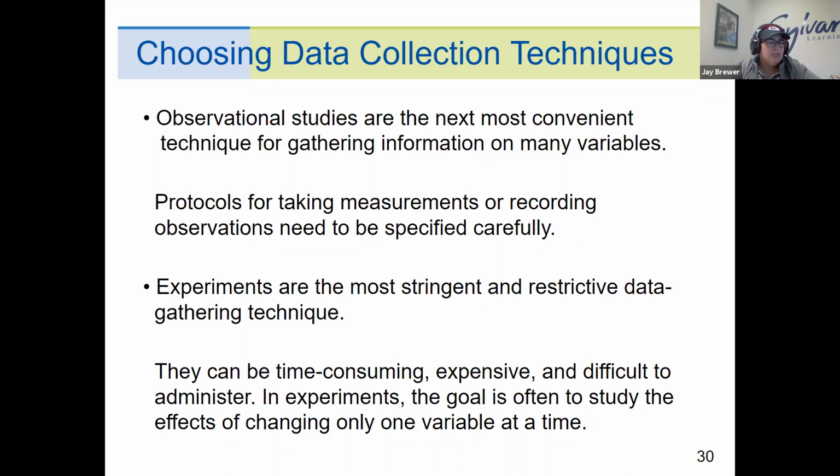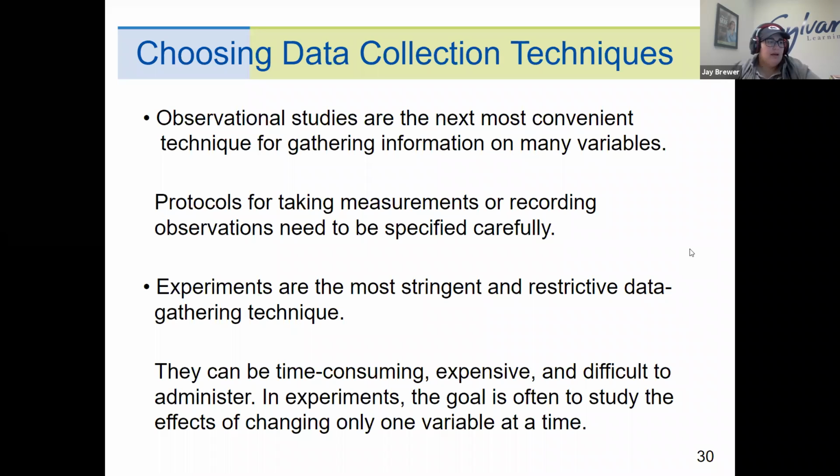Experiments are the most stringent and restrictive data gathering technique. They can be time consuming, expensive, and difficult to administer. In experiments, the goal is often to study the effects of changing only one variable at a time. Again, anything you would do for an honors thesis or something like that, you would get approved by your honors mentor.